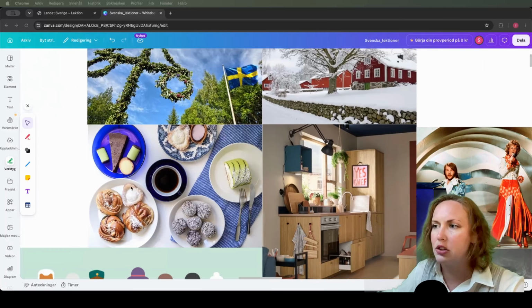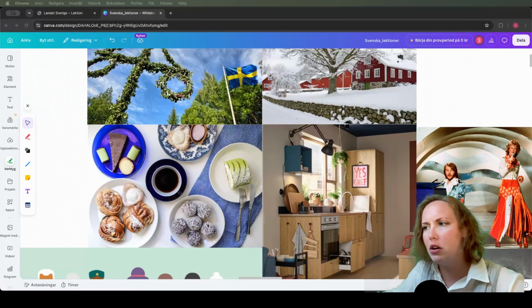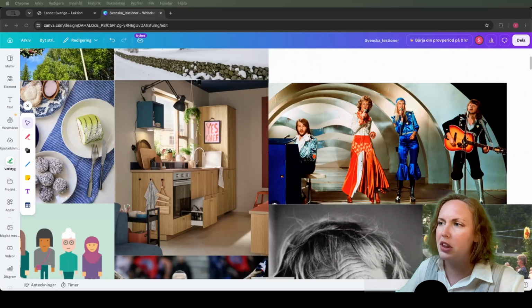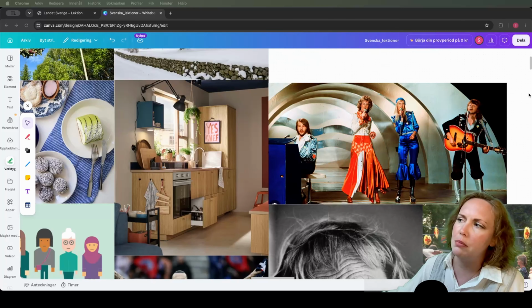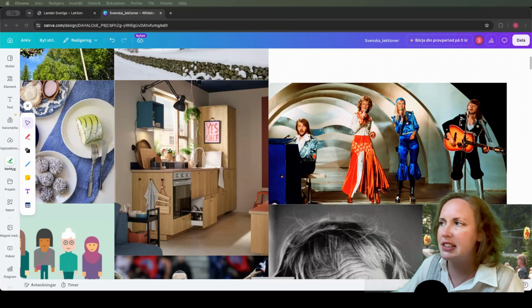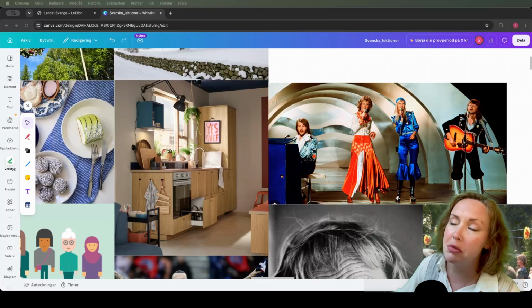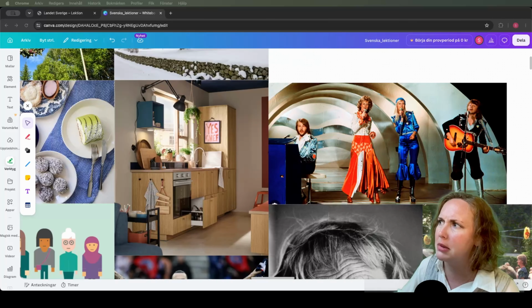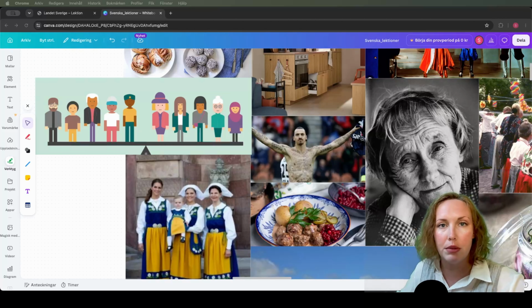Below here we have something that looks like it's supposed to be coffee. There are supposed to be some kind of buns, sweets that you can eat, right?